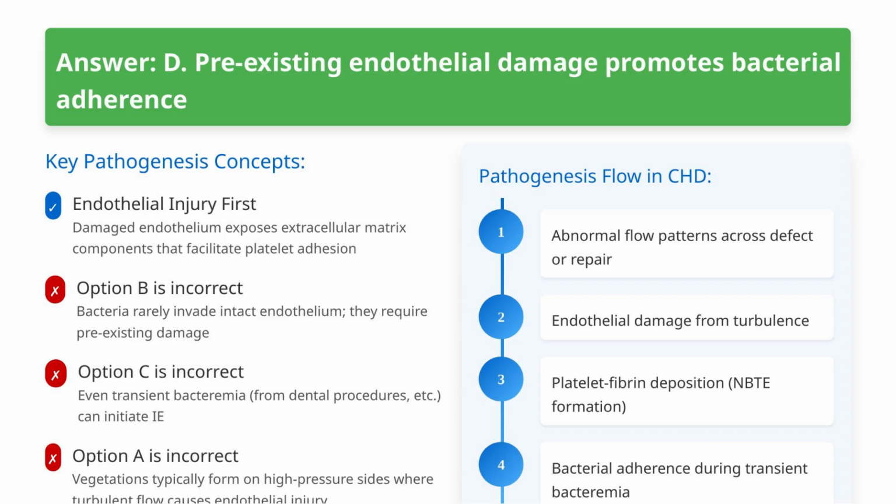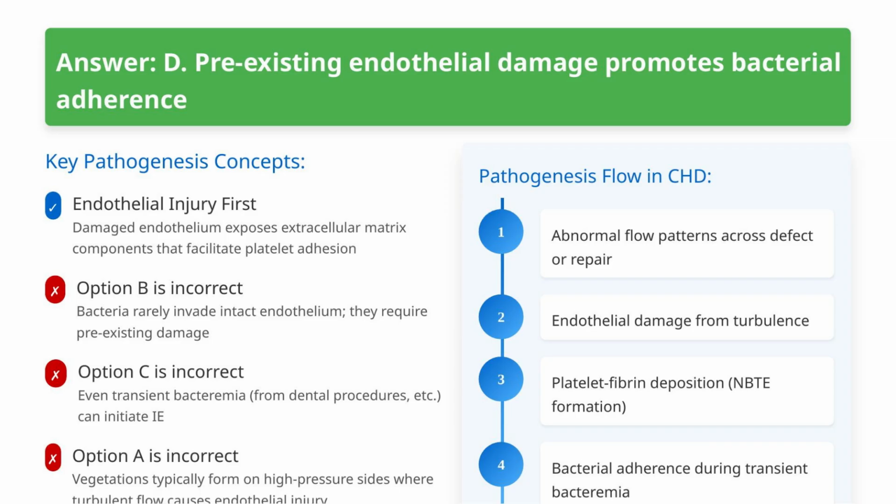Option B is incorrect because bacteria rarely directly invade intact endothelium. They require this pre-existing damage. Option C is incorrect because even transient bacteremia, such as from dental procedures, can be sufficient to initiate infective endocarditis.